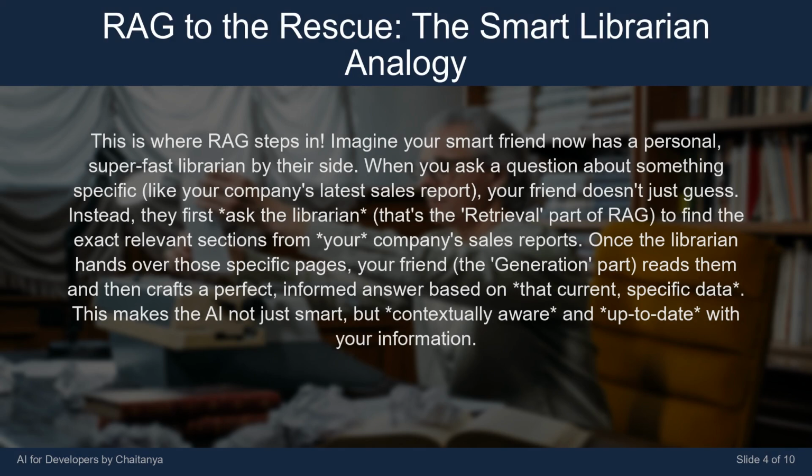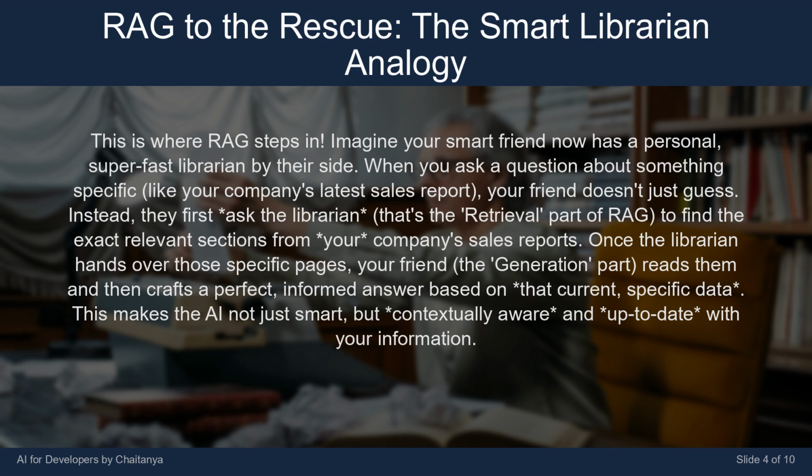This is where RAG steps in. Imagine your smart friend now has a personal, super fast librarian by their side. When you ask a question about something specific, like your company's latest sales report, your friend doesn't just guess. Instead, they first ask the librarian, that's the retrieval part of RAG, to find the exact relevant sections from your company's sales reports.